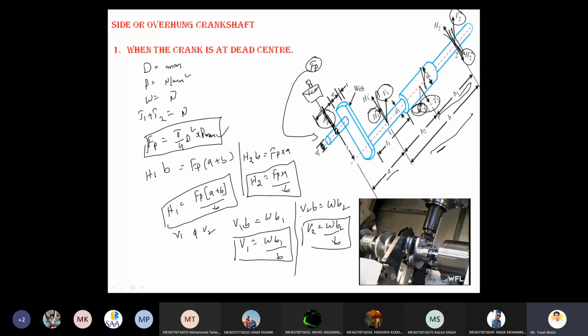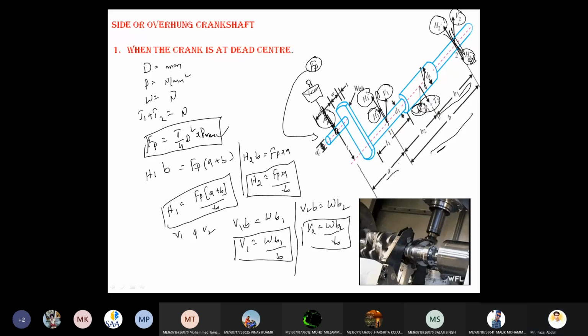Okay. And now, due to the belt tensions T1 plus T2 acting horizontally, there will be two horizontal reactions. What are those? H1 dash and H2 dash. See here, H1, H1 dash, V1, H2, H2 dash, V2.